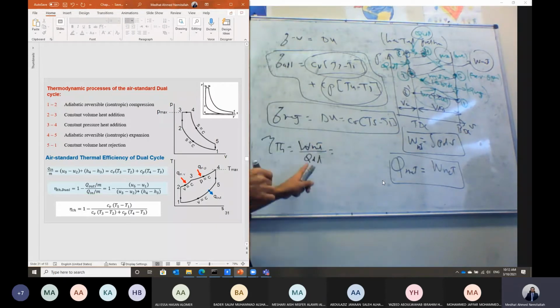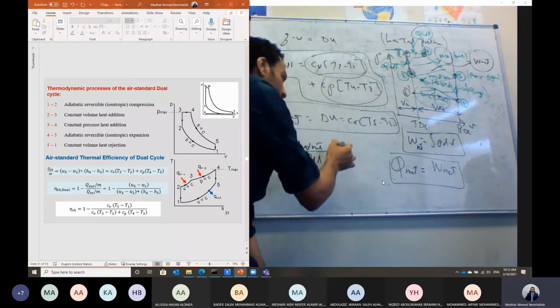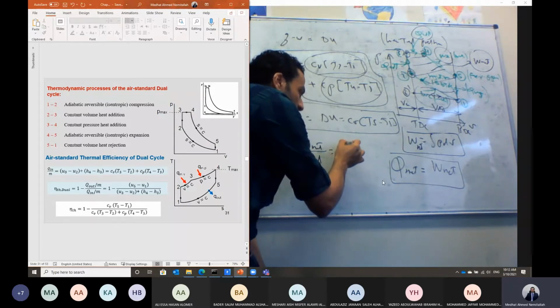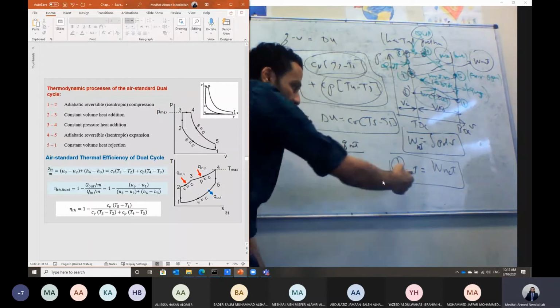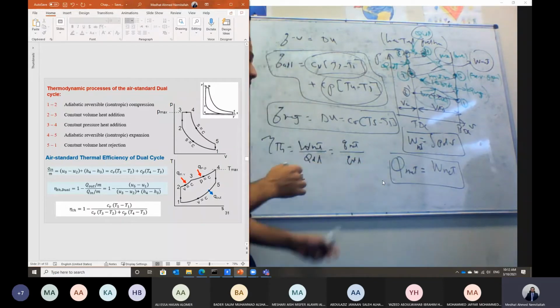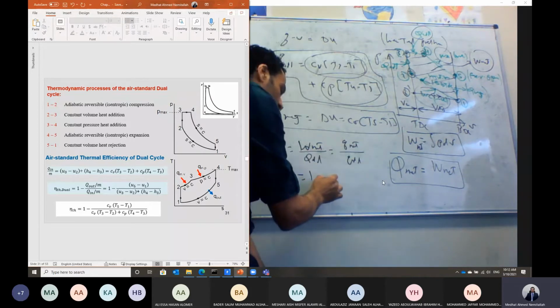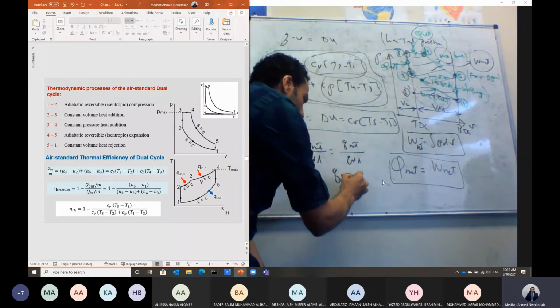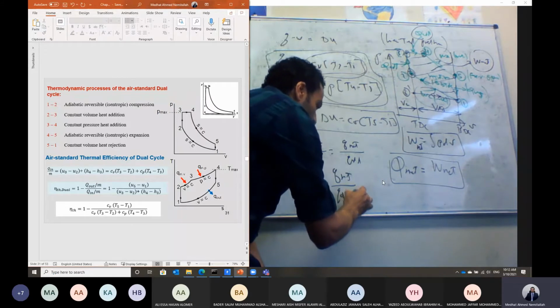Okay, and we have the definition of the thermal efficiency as work net divided by Q added, or we can divide by mass, so it will be specific work divided by the specific heat. Work net is the same as Q net, divided by Q added. Q net is Q added minus Q rejected, so it will be 1 minus Q rejected divided by Q added.